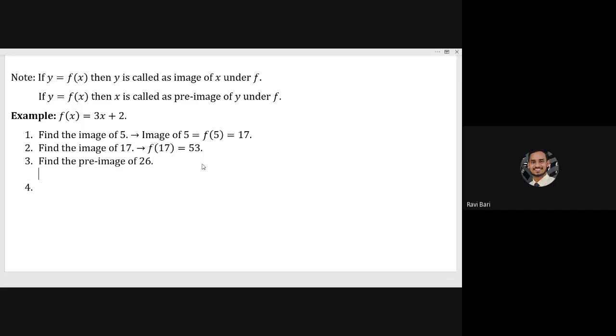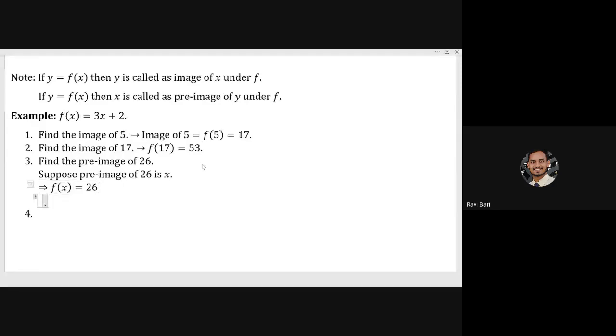See the definition. So let's suppose the pre-image of 26 is x. So this implies f of x is equal to 26.